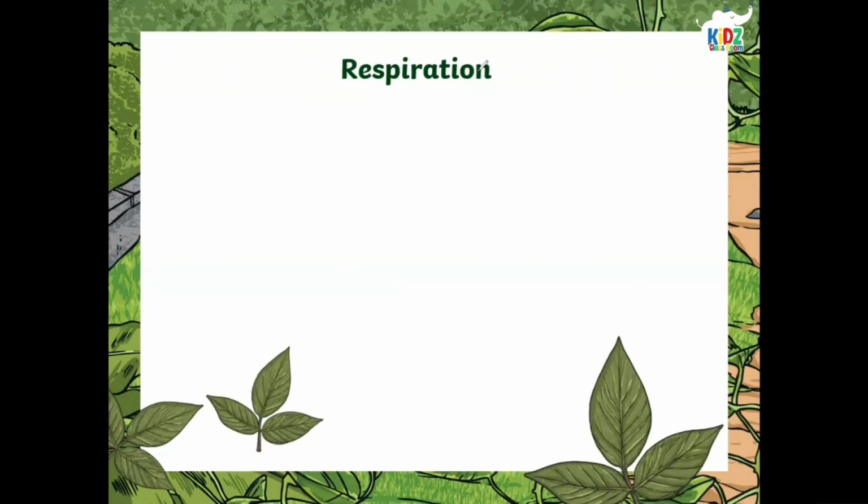Okay, so now we're going to talk about a fascinating process that happens in plants called respiration. And what is respiration? Just like humans and animals, plants need energy to grow, reproduce, and survive. Animals and humans need energy, meaning food, to grow and to survive.